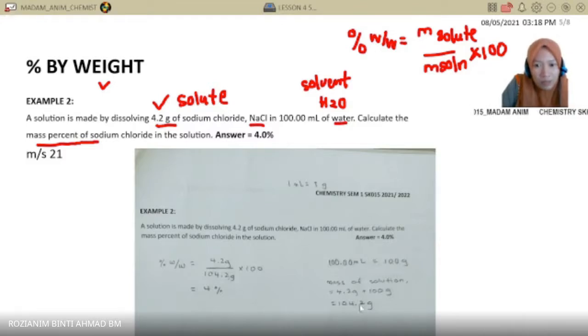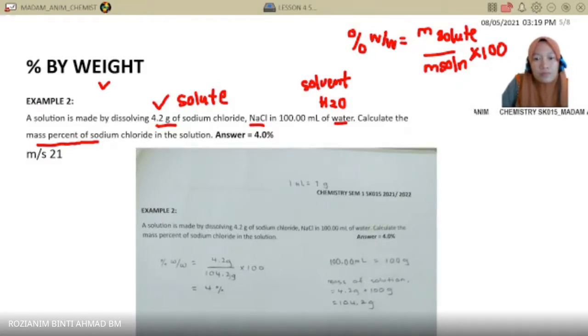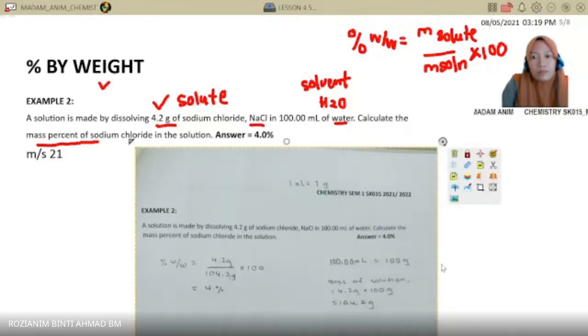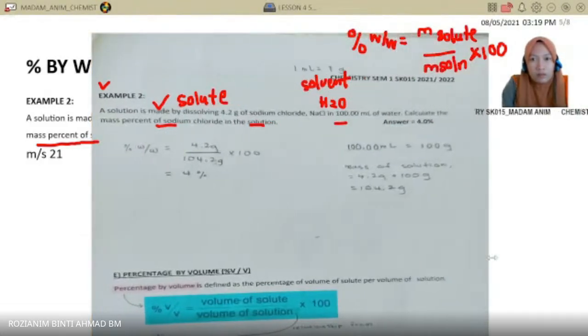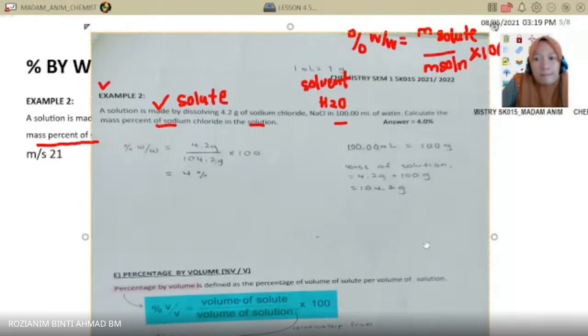Nampak tak kawan kamu buat macam mana? Kat sini. Okay, dia kira mass of solution equal to, nampak tak saya zoom? Okay, saya buat besar sikit. Okay, so this area, nampak tak?